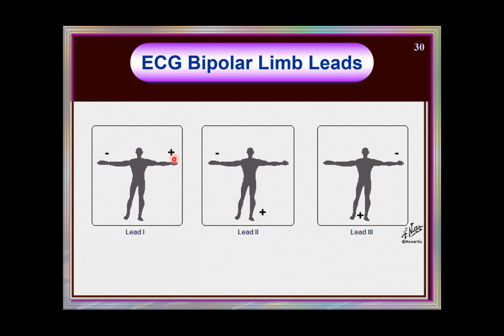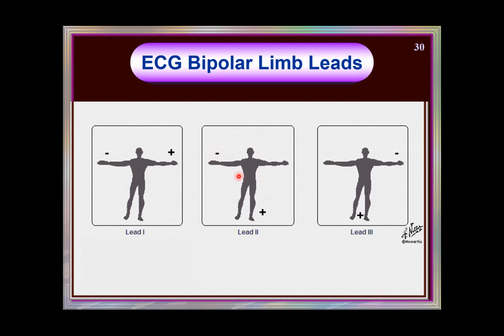You always know the current flows from the negative pole to the positive pole. So right arm and left arm is called lead 1. The receiving arm, the left arm, is the positive pole, and the right arm is the negative pole. So the potential difference between them is recorded as lead 1. Lead 2 has the same right arm as the starting point and goes to the foot.